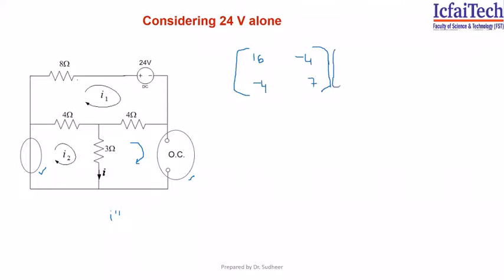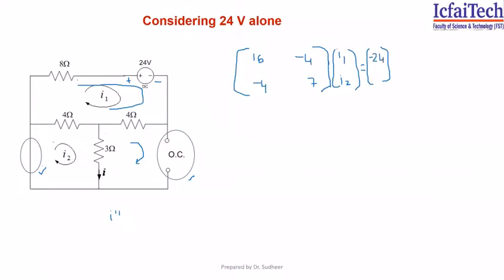Multiplied with the X matrix, which will also remain the same, that is I1 and I2, which is equal to B. Here AX is equal to B. This is A matrix, X matrix, and the B matrix will change. So in the first loop, there is a voltage source. We are touching plus to minus. So 24 volts on the left hand side. If you take it on the right hand side, it will become minus 24.